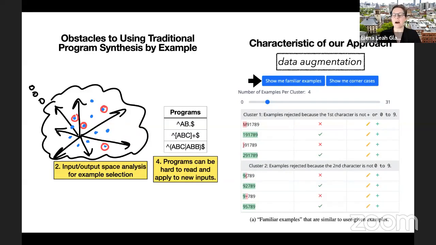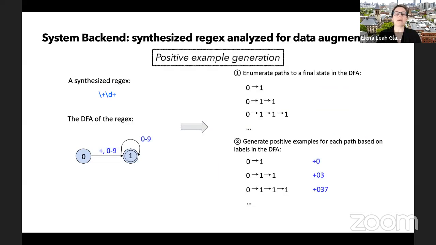And we, in the back end here, are generating both positive and negative examples by taking the synthesized regex that was selected and creating a DFA, and then enumerating paths to the final DFA to generate, depending on whether we're trying to generate familiar examples or corner cases, right?